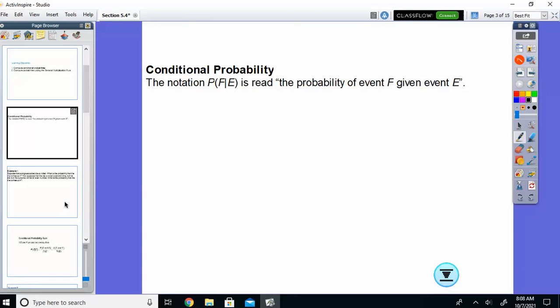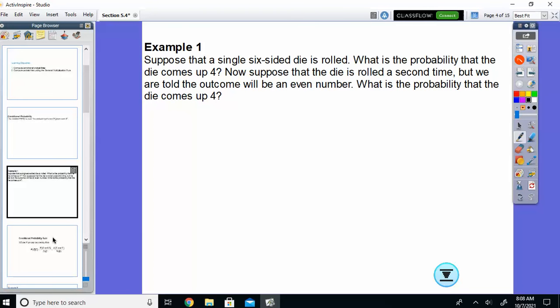So let's look at an example. I am going to roll a die. First question, if I just roll a die, what is the probability that you get a 4? 1/6. There's 1 four.